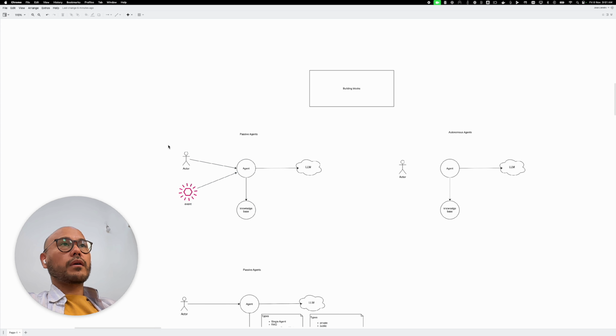So here we have on the left side some sort of input of the engine. We have a human that is interacting with the agent. By the way, in the presentation, agent or assistant will be the same. Or we can have an event.